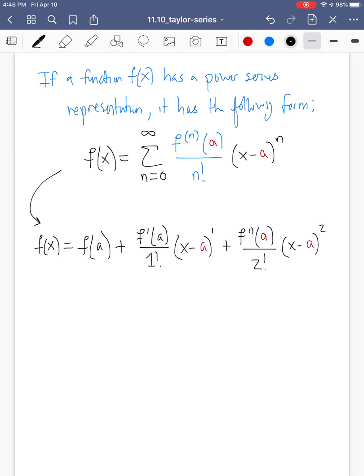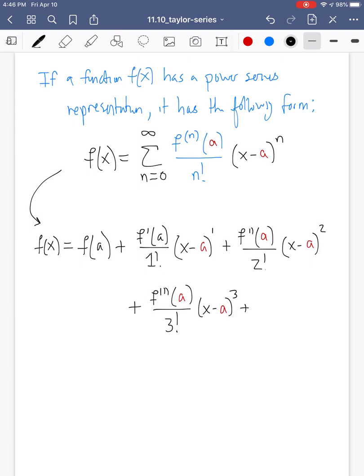When n is equal to 3, we take the third derivative, evaluate the third derivative at a, divide by 3 factorial, and multiply by x minus a cubed.